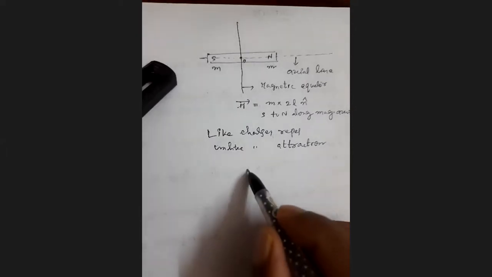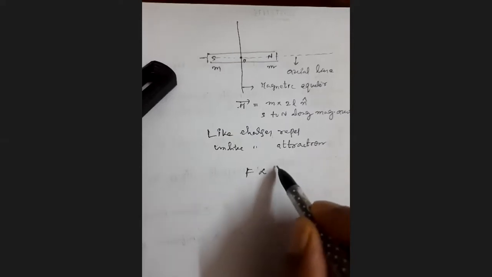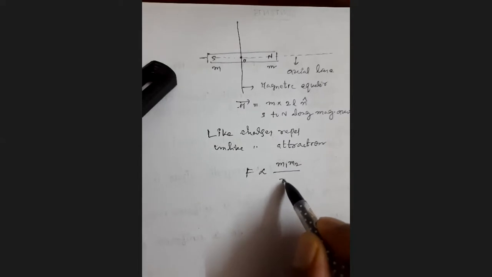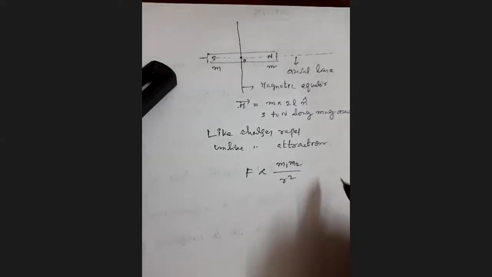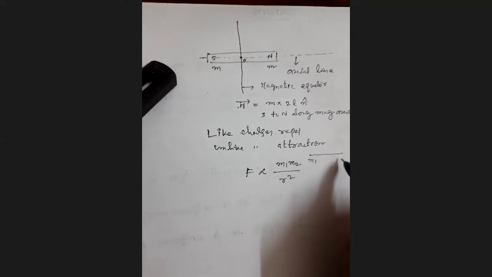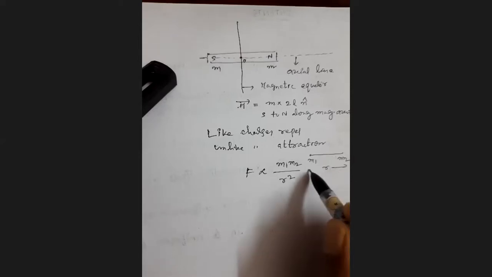The magnitude of that force is directly proportional to the product of the pole strengths and inversely proportional to the square of the distance.